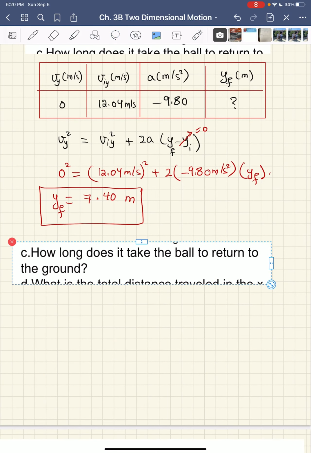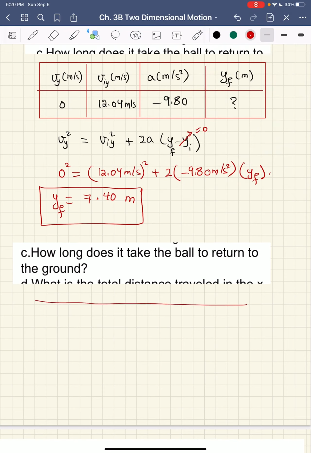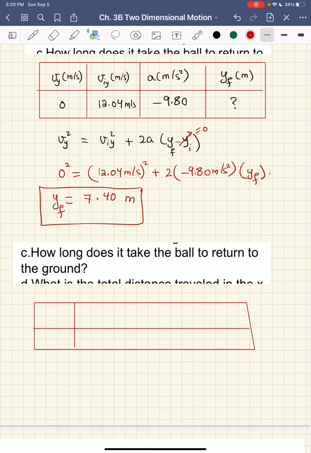How long does it take the ball to return to the ground? Again, here we are asking about the y, because remember the time can be calculated using the y. Again, I will have my quantities here to know what is really needed.